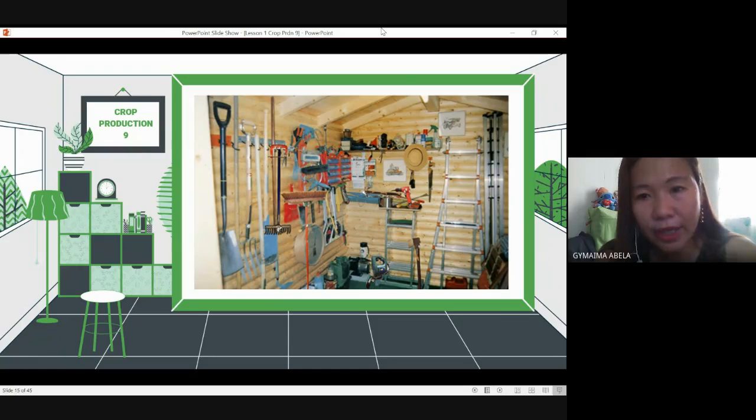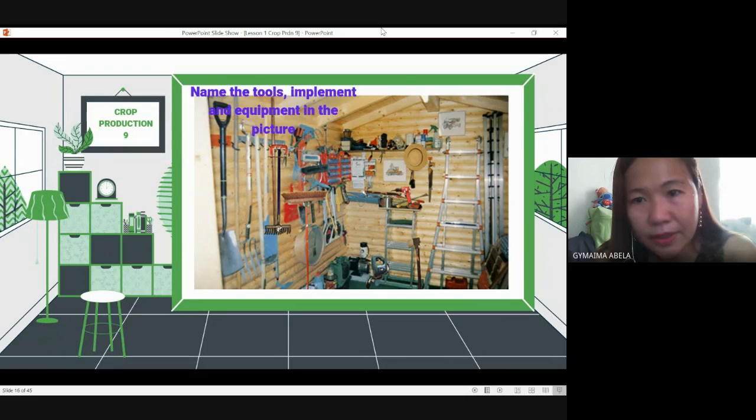So let us check how many tools you can identify from this picture. Yes, in the picture, you have the tractor.